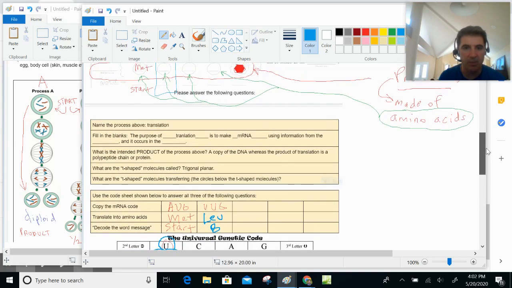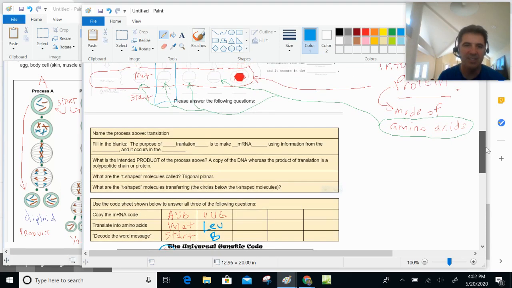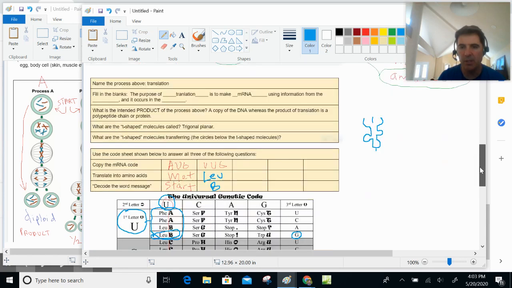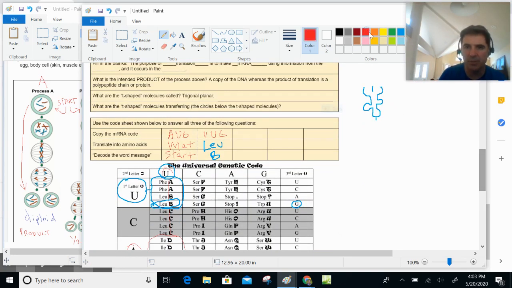Oh, the T-shaped molecules. T-shaped molecules, trigonal planar, no. T-shaped molecules are actually transferring. They got three things sticking off the end, and they're transferring something special, these little amino acids.